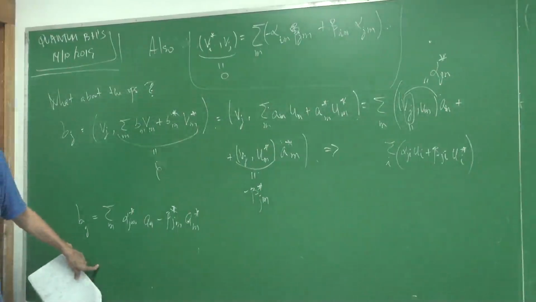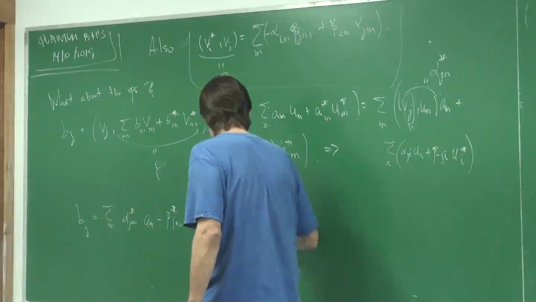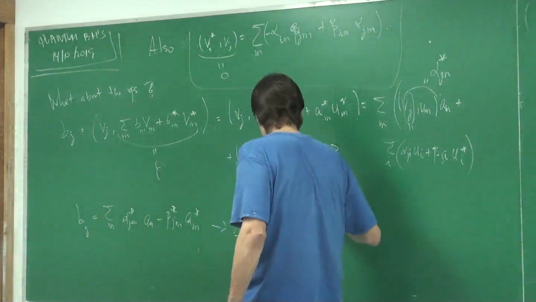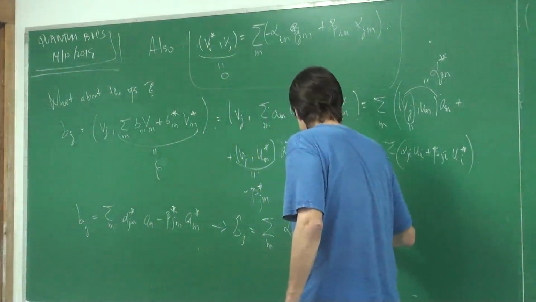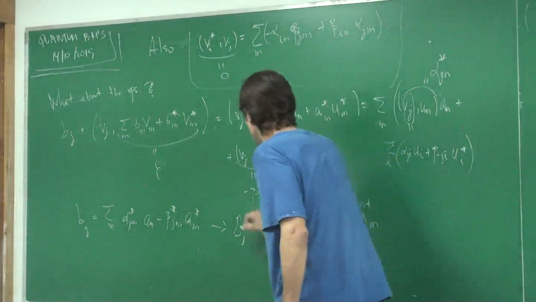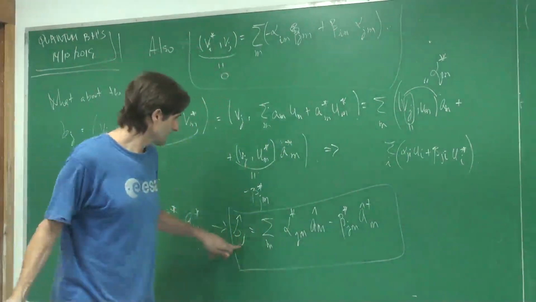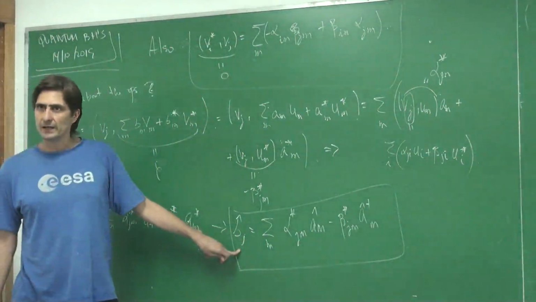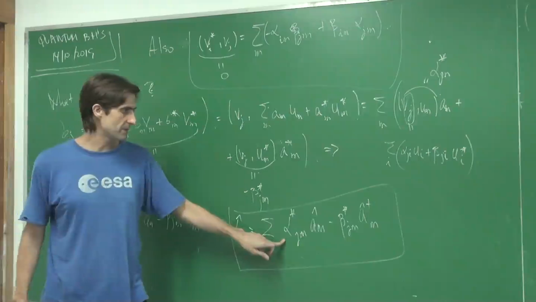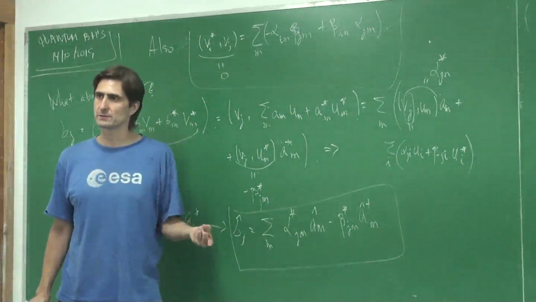And now we can promote this to operators. So this relates, in particular, the annihilation operator defined with respect to the V complete set in terms of annihilation and creation operators defined with respect to the U set.